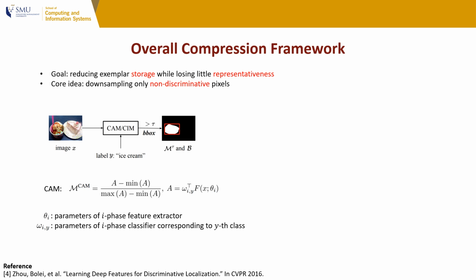Specifically, we use the class activation map to split discriminative and non-discriminative pixels. The map can be obtained by multiplying the feature block output of image X and the classifier weights of label Y. We apply a threshold tau to the normalized map and find the tightest bounding box, capital B, around the one-valued pixels.